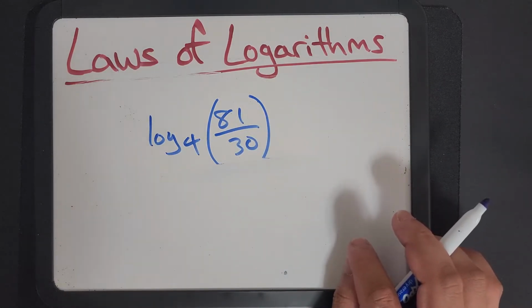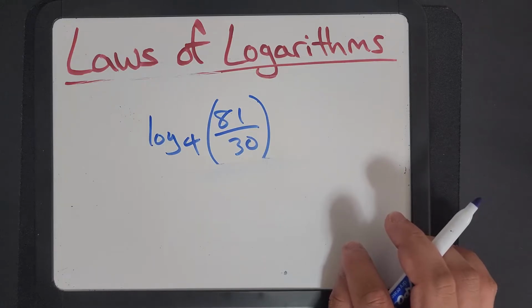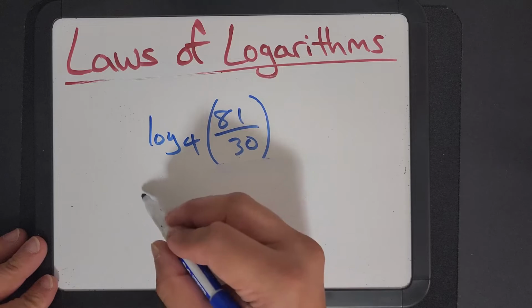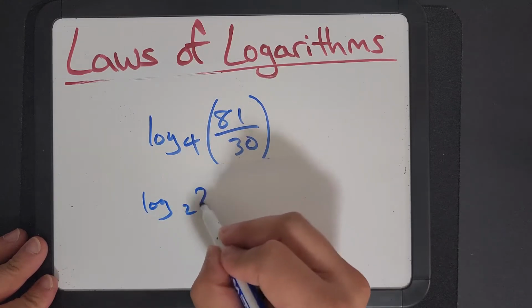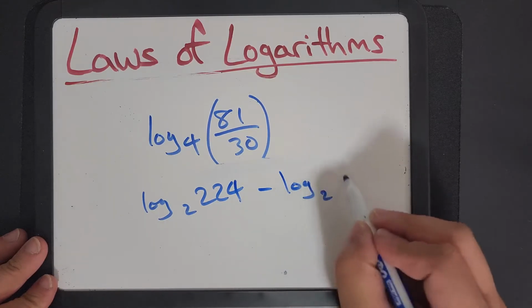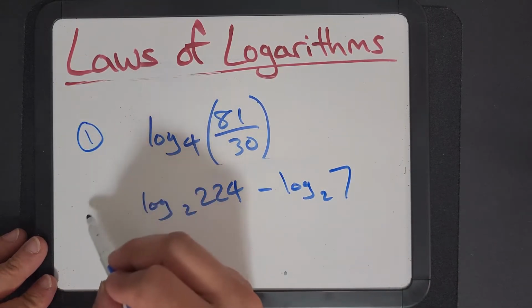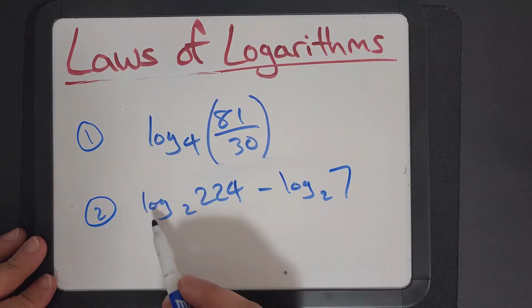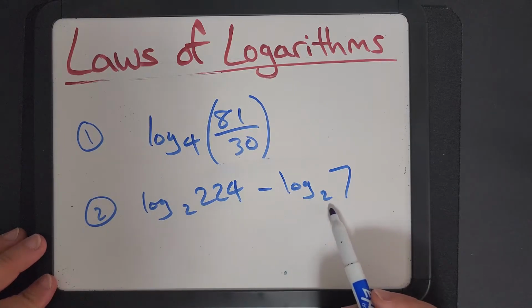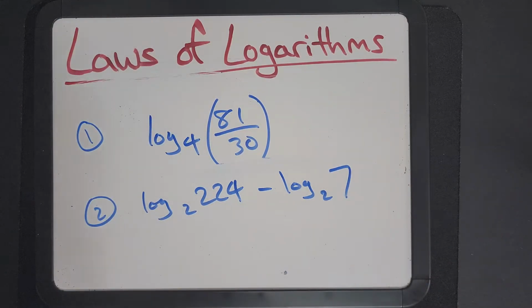Maybe even you can do, let's see. So that's 1, that's 2. That's log base 2 of 224 minus log base 2 of 7. So that's all for this video, and I shall see you in the next one.